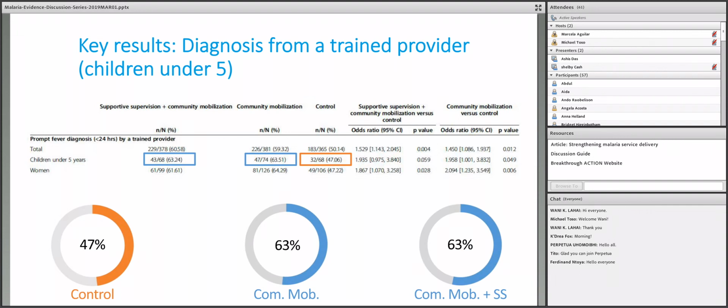Here, the difference was statistically significant for the community mobilization versus control. And the combined intervention was pretty close to the level of significance. Coming to women of childbearing age group, we see 47 in control, 64 in community mobilization, and 61 in the combined intervention. And they were all statistically significant when compared with the control arm.